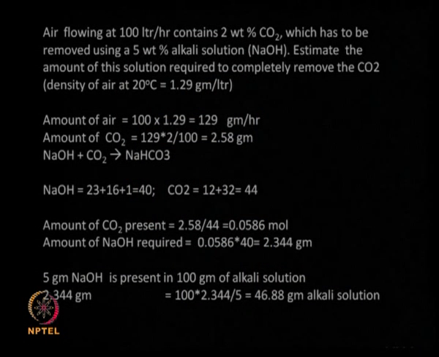You may be able to recover carbon monoxide, carbon dioxide, chlorine, so many other toxic gases or toxic vapors using an absorption system, and this particular last problem tells you how to go about calculating the amount of solvent required for absorbing the gas in the entire unit operation.